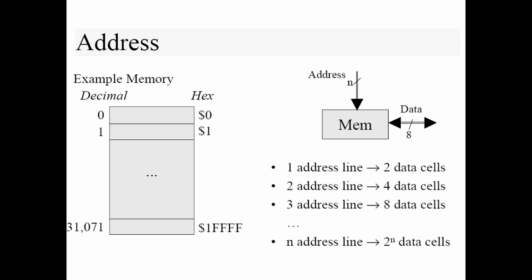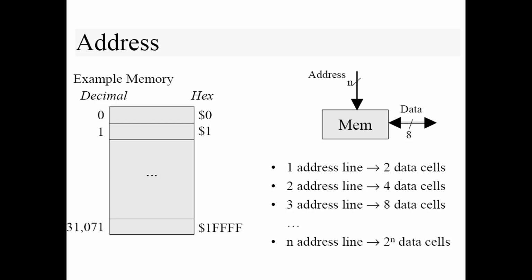In embedded systems, the number of address lines directly impacts the memory capacity. For example, 8 address lines can address 2 raised to 8, equal to 256 data cells. 16 address lines can address 2 raised to 16, or 65,536 data cells, or 64 KB. 32 address lines can address 2 raised to 32, equivalent to 4,294,967,296 data cells, or 4 gigabytes.